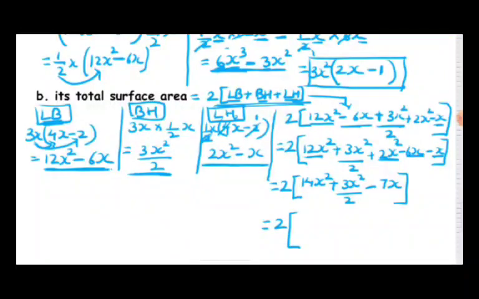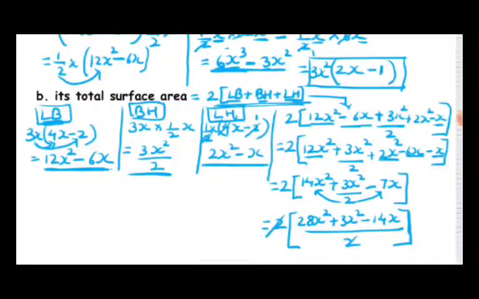You always remove an LCM when you have to add or subtract with a fraction. So 2 into 14 makes it 28x square plus 3x square minus, with this also, this will now 2 into 7 makes it 14x upon 2. I have a common denominator.